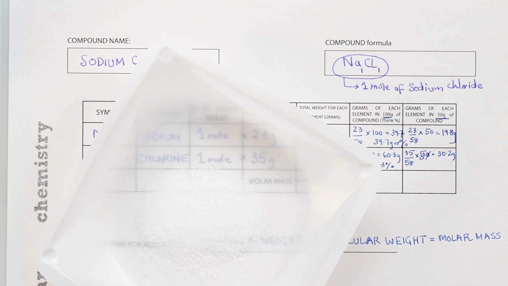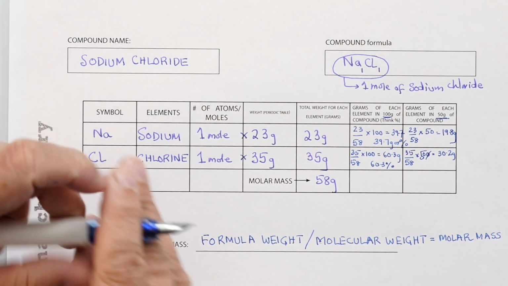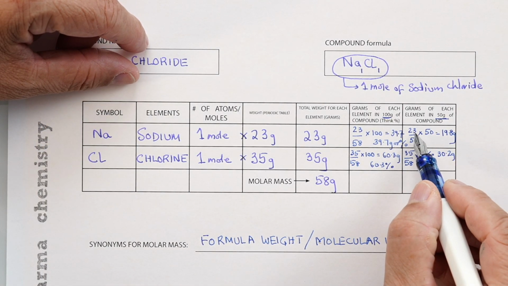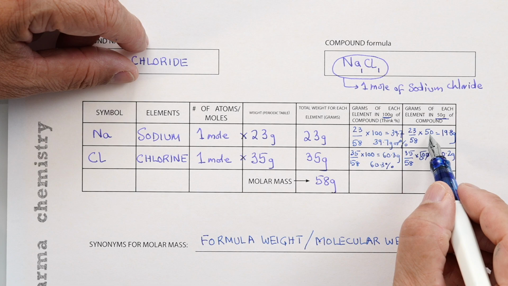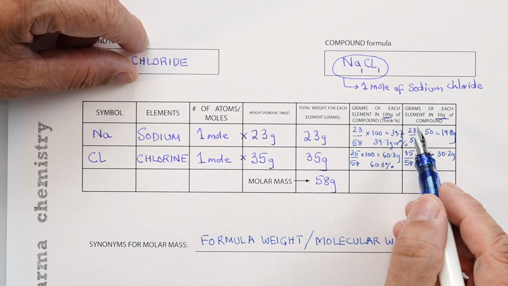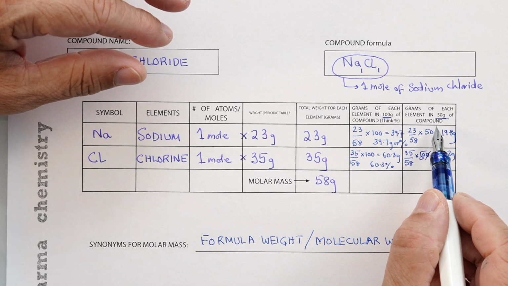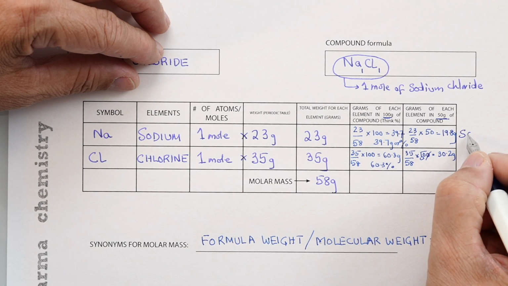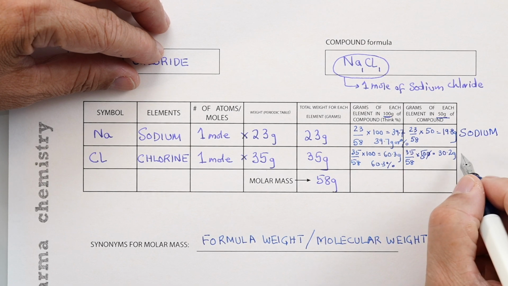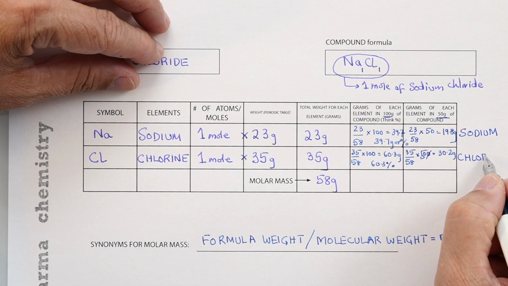If you're not looking for a percentage, but you're looking for a defined gram weight, whatever weight of sodium chloride you are given, so if I pulled out this amount right here, and this is approximately 5.8 grams. Let's see if the camera will get this. I'm not sure it will, but that's 5.8 grams. If I had 5.8 grams, instead of multiplying this by 50, I would multiply this by 5.8. But in this example right here, I used 100 grams and I used 50 grams. So this is the amount of sodium that's present, and this is the amount of chlorine that is present.